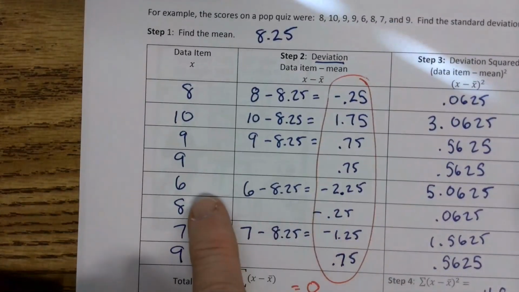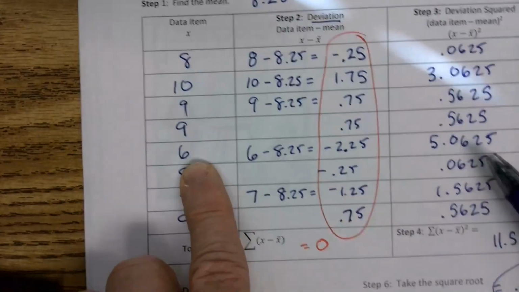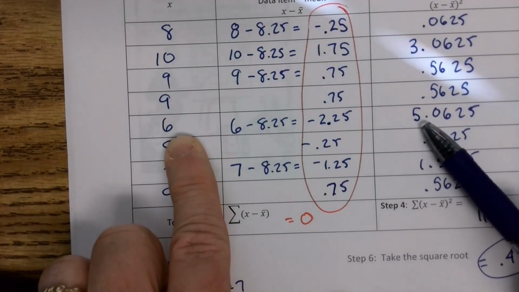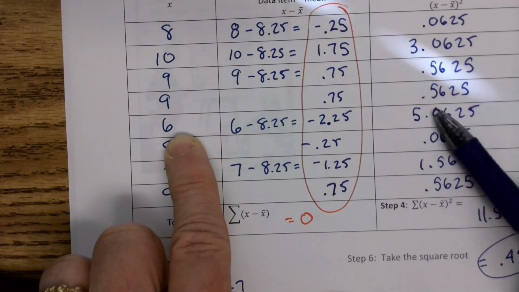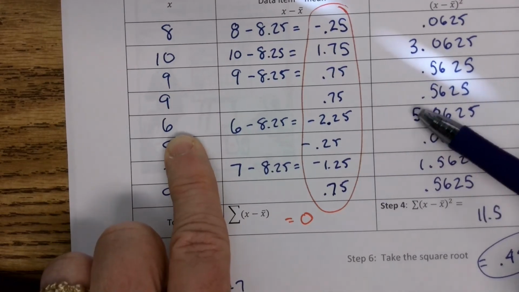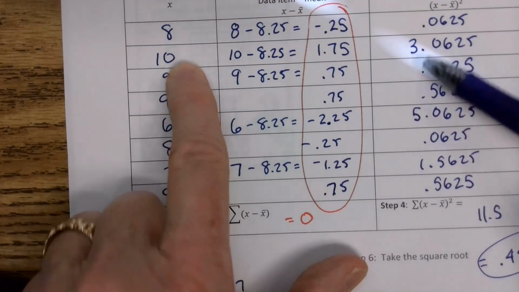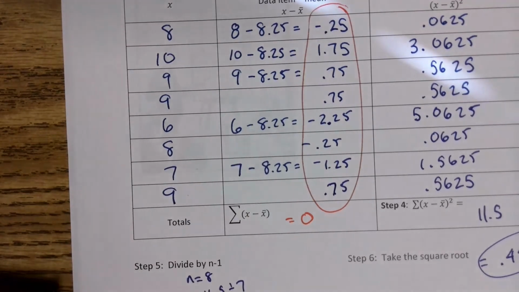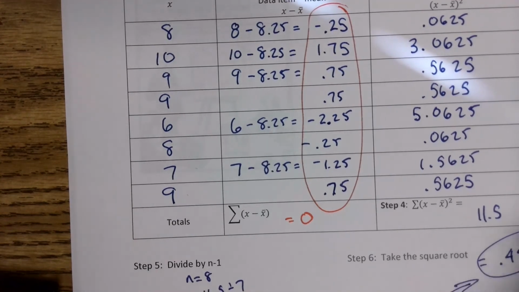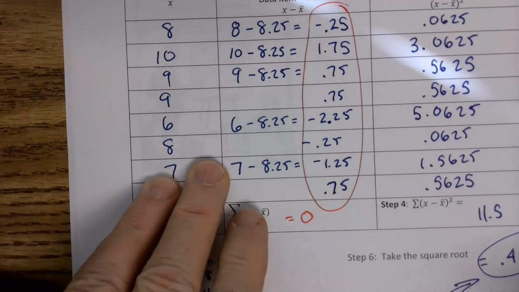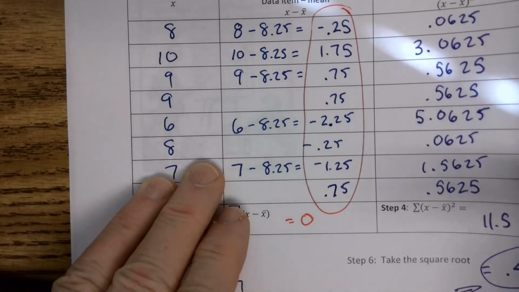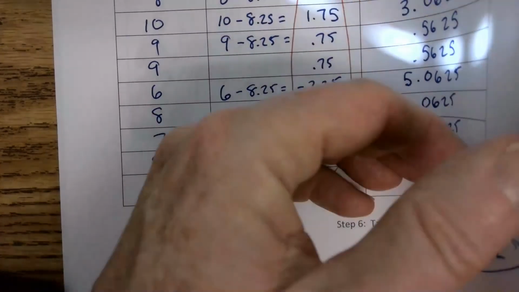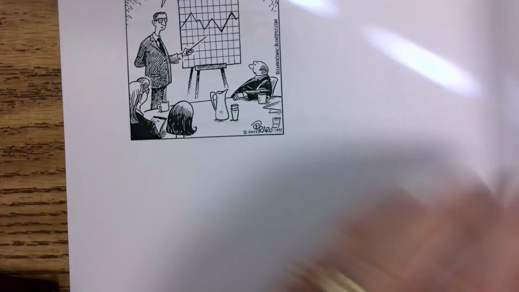The 6 did a lot of damage to the standard deviation, and so did the 10. Everybody else was fairly close. So it's a very relative type of term. Is that big? Is that small? Who knows? But that's what you use standard deviation for.